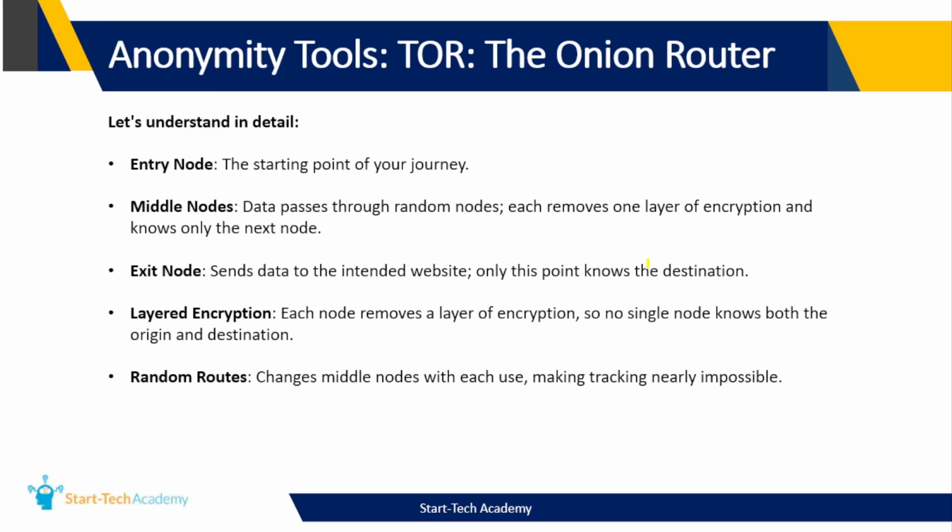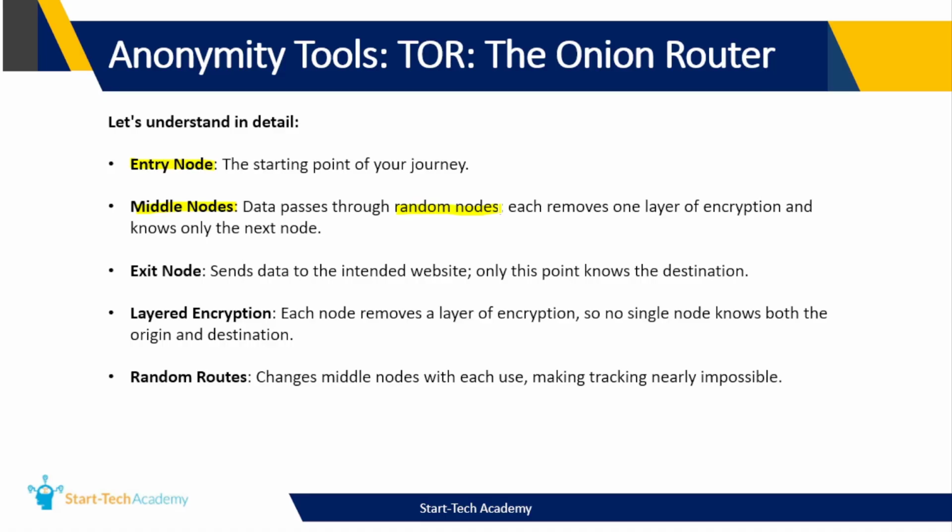When you are starting on your journey online, we have got something called the entry node. This is your machine, and through this machine, you are entering into the entry node of TOR. This is your starting point. Then come the middle nodes. In the middle nodes, the data passes through random nodes. Nobody knows which node will be selected next.